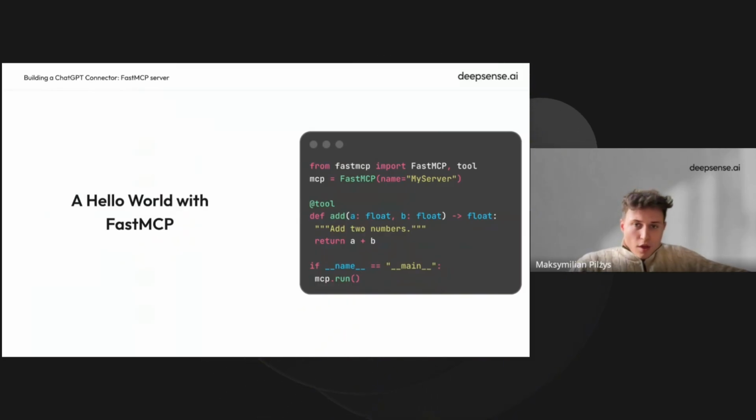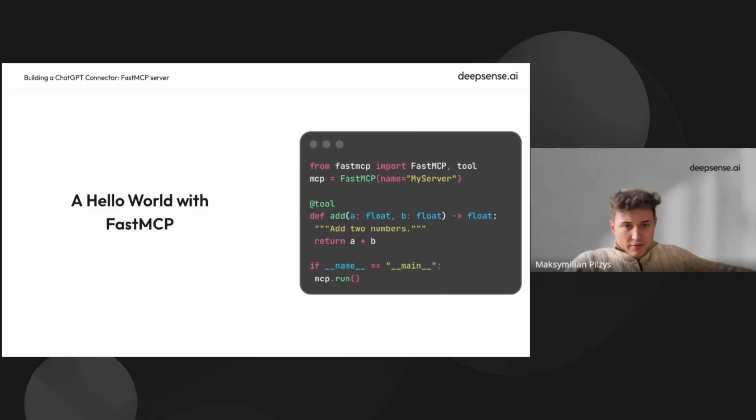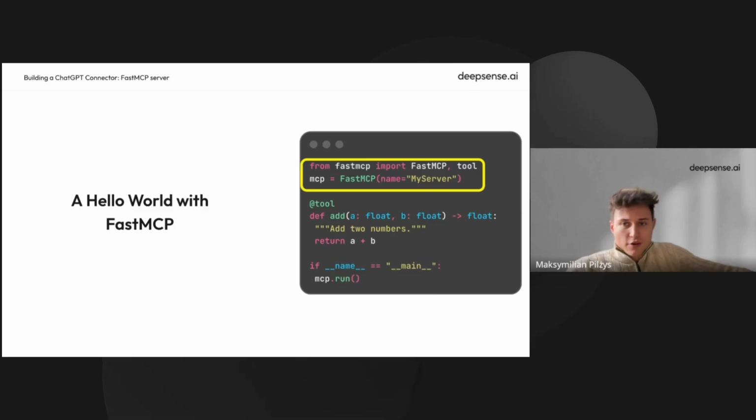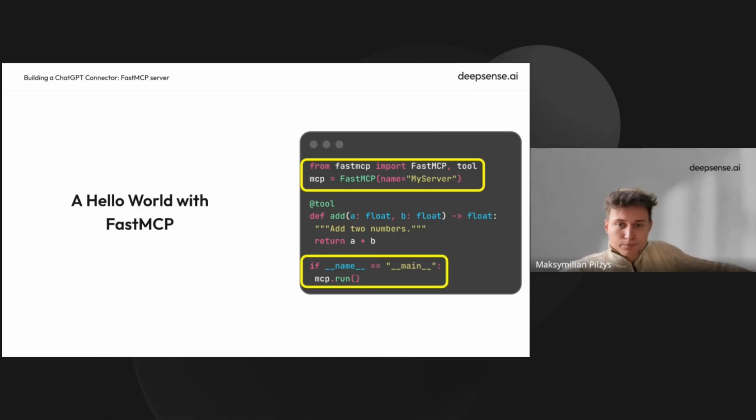So, starting off, what you can see in the picture is a tiny MCP server. Just import FastMCP, create the app, decorate a function, and run it. But actually, for ChatGPT connectors, Hello World isn't enough.